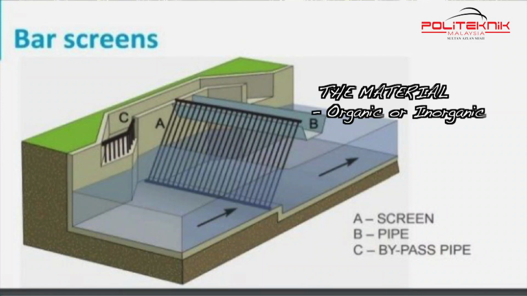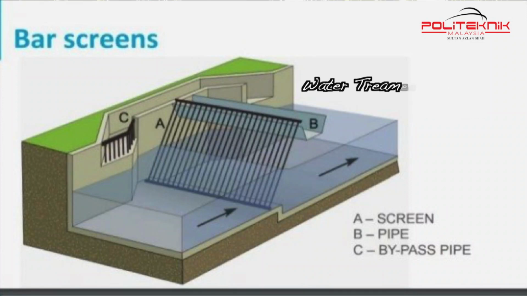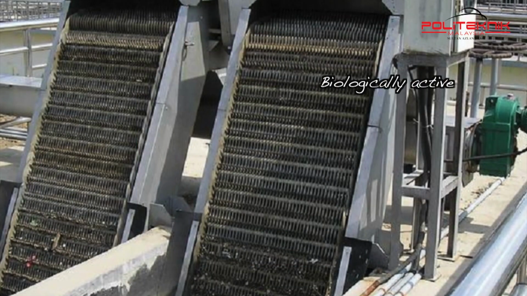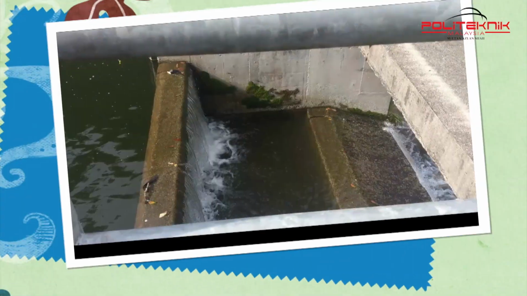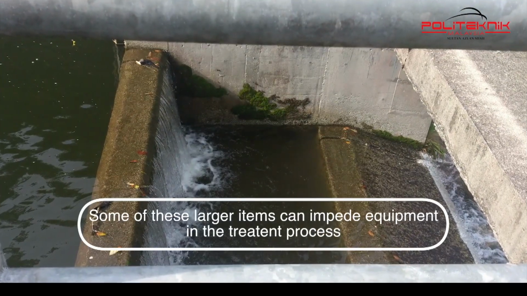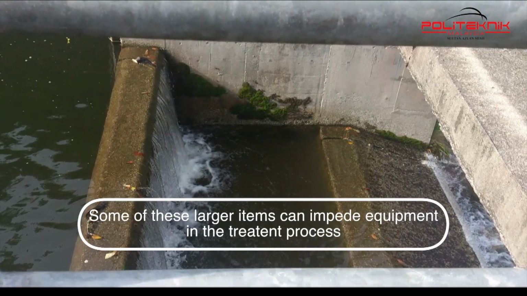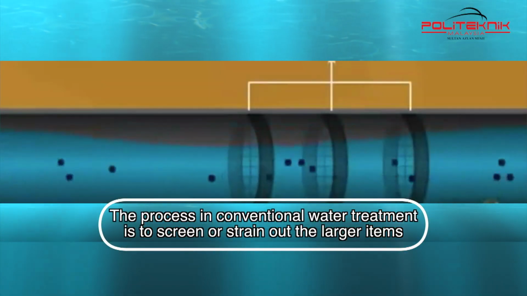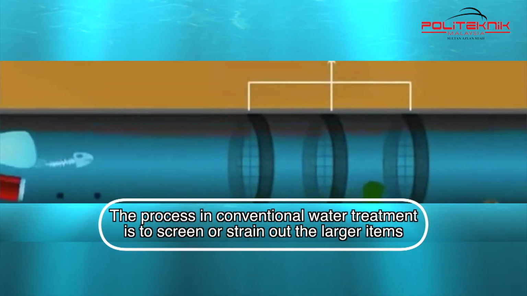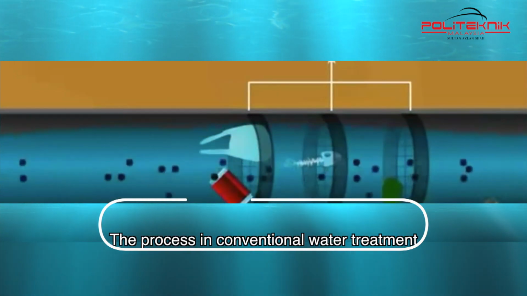The material may be organic or inorganic, suspended or dissolved, inert or biologically active, and vary in size from a cradle to a tree trunk. Some of these larger items can impact equipment in the treatment process, such as a tree limb getting stuck in a water pump impeller. So, the first process in conventional water treatment is to screen or strain out the larger items.